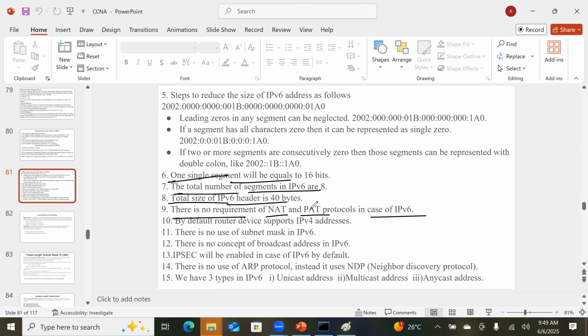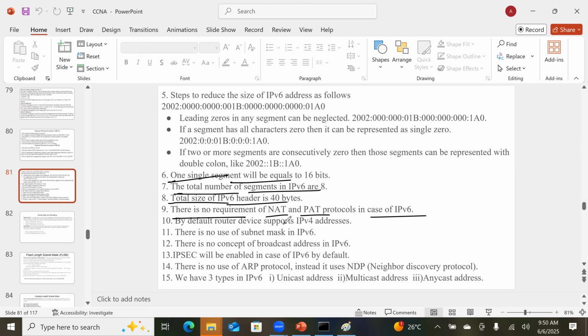But in IP version 6 we don't need that, because we have almost 340 undecillion addresses. We don't need to translate anything. They are more than enough. We can even do one-to-one mapping, and we'll never be exhausted.